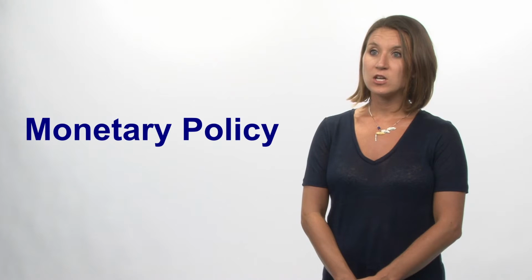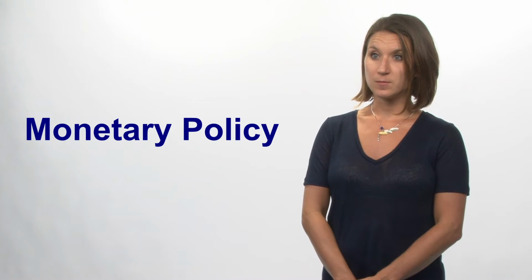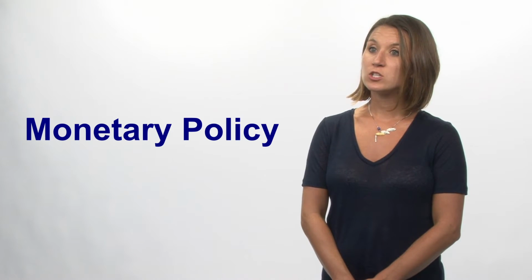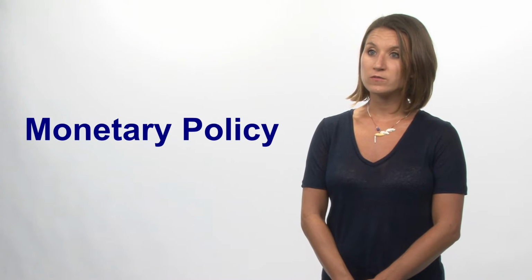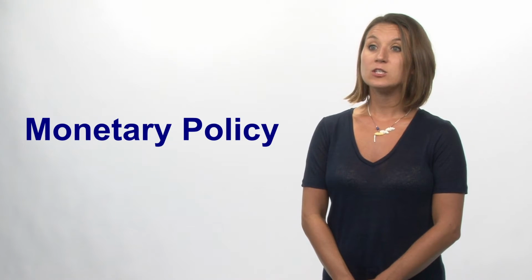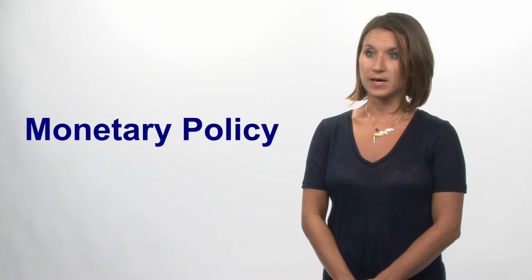Let's start off first with expansionary monetary policy. As you can imagine, this means that the Federal Reserve, or the central bank of an economy, is trying to increase the money supply. An increase in the money supply is going to lead to a decrease in interest rates in the money demand and money supply model.